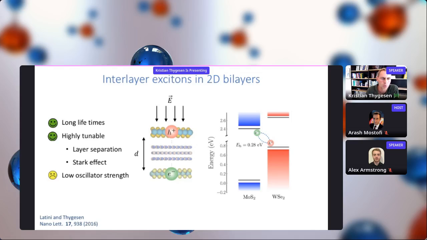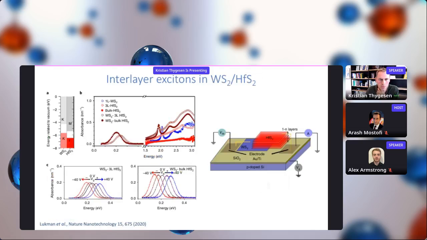They're extremely tunable because you can apply an electric field perpendicular to the layer, and because the exciton has an out-of-plane dipole moment, you can use that electric field to tune the energy of the exciton. The downside of these excitons is that they have very low oscillator strength because the overlap of the electron and the hole is so small, and that's a problem for many applications.